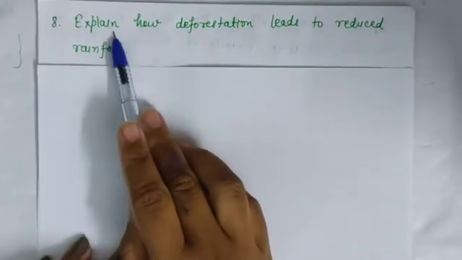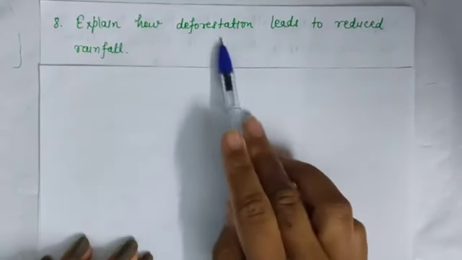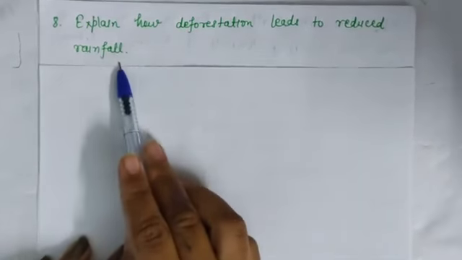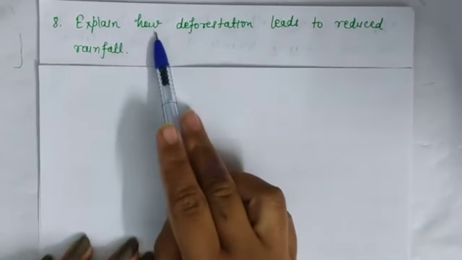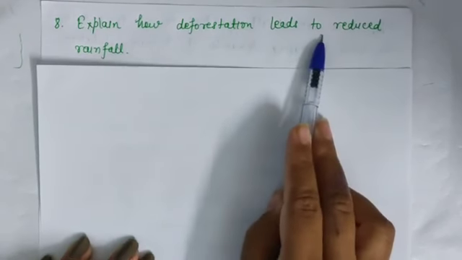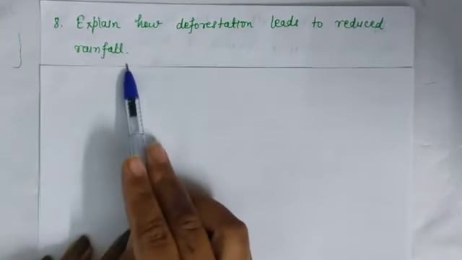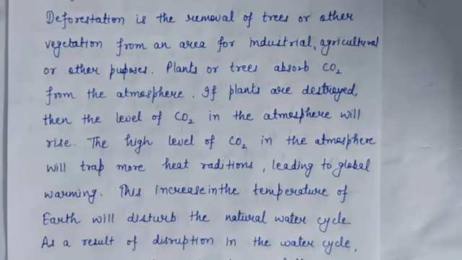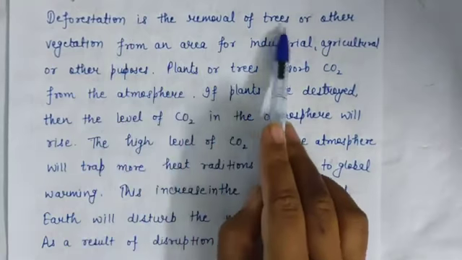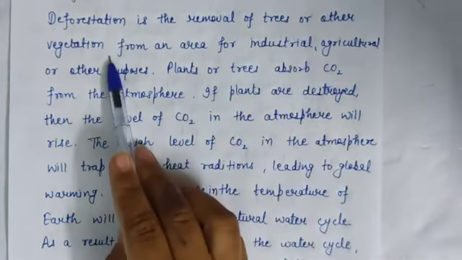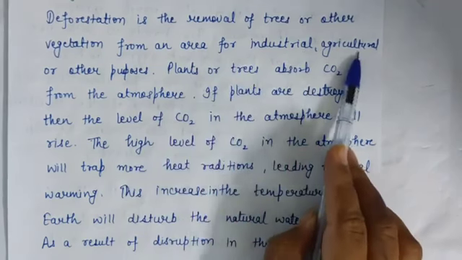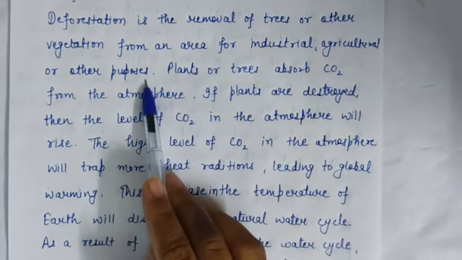Question number 8 is, explain how deforestation leads to reduced rainfall. Deforestation is the removal of trees or other vegetation from an area for industrial, agricultural or other purposes.